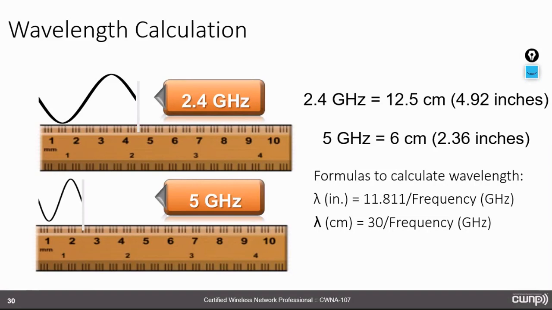You can see the scale: at 2.4 gigahertz the wavelength is very long, and this one is very short. So 5 gigahertz is the high frequency, and 2.4 gigahertz is the low frequency. This lesson is fantastic to make your base strong in wireless.